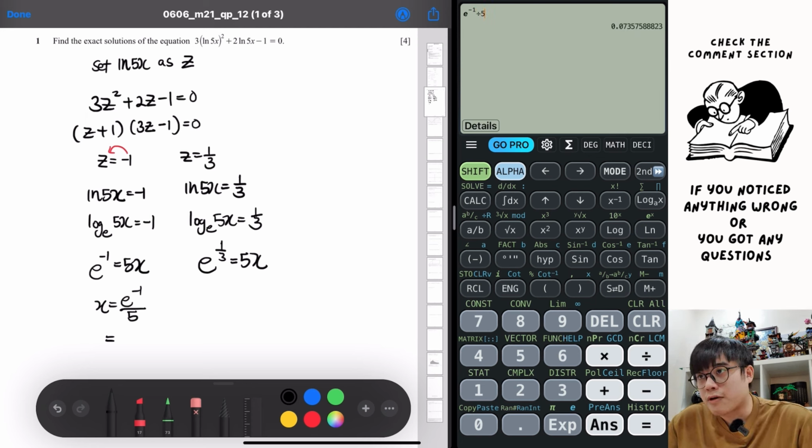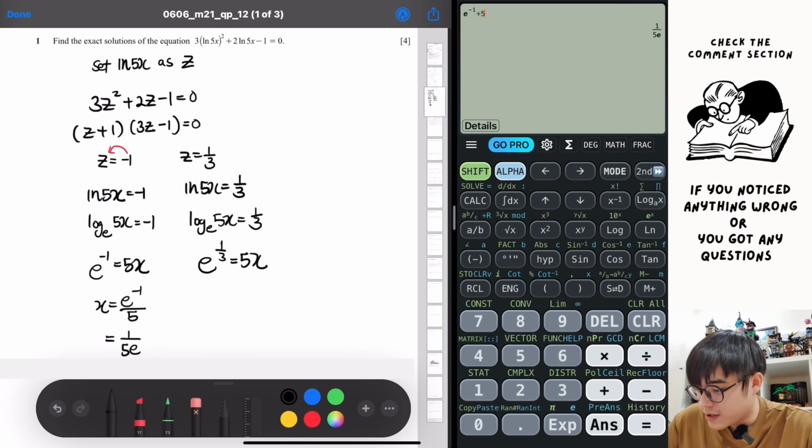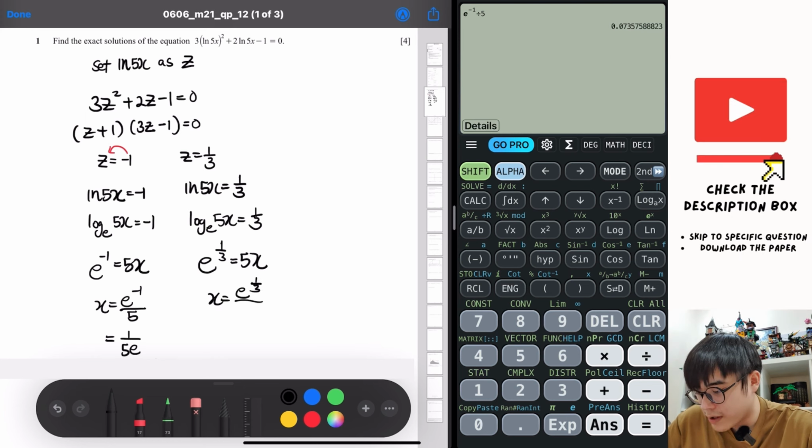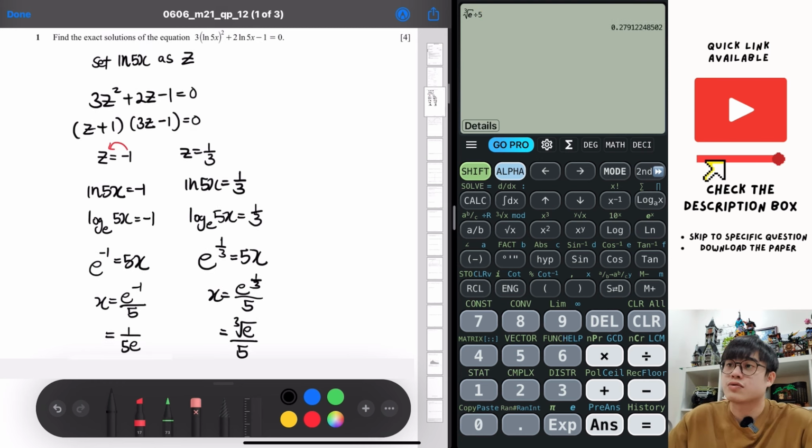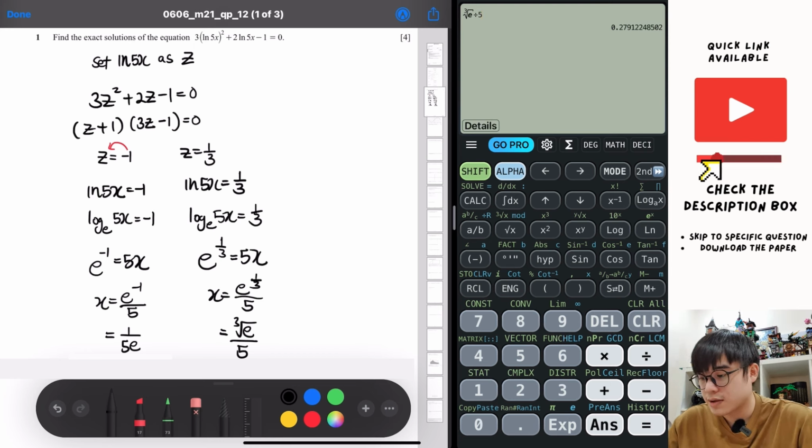So it's approximately 1 over 5e. On the other end, your x will actually be e to the power of 1 over 3 over 5, or it can be written as cube root e over 5. So it's up to you. These two will be your final answer for question 1. Okay.